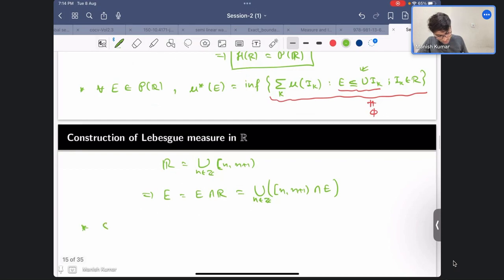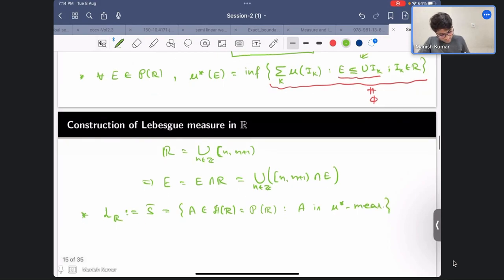Now this S bar, I will denote by L of R. L of R means the Lebesgue measurable sets. So L of R is S bar, which is the set of A belonging to H of R, the power set of real numbers, such that A is mu star measurable. This is my S bar, and this m1 of A will be this mu star of A for all A belonging to S bar.